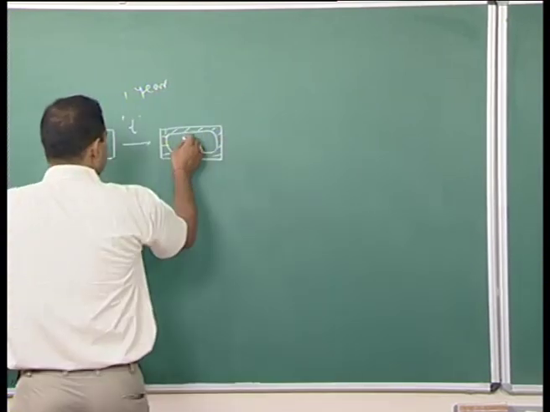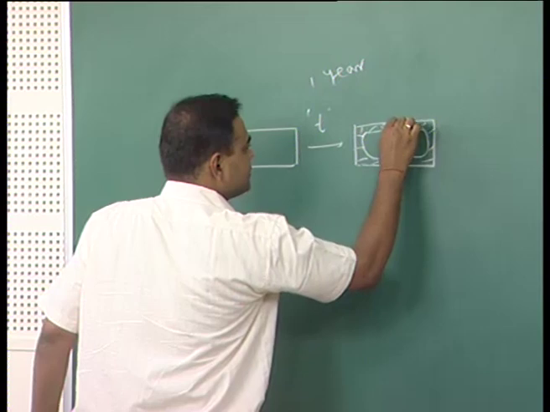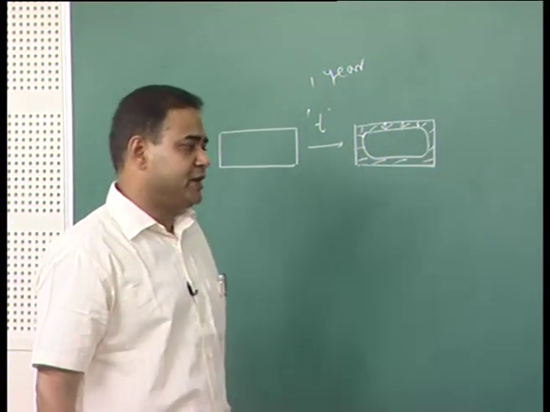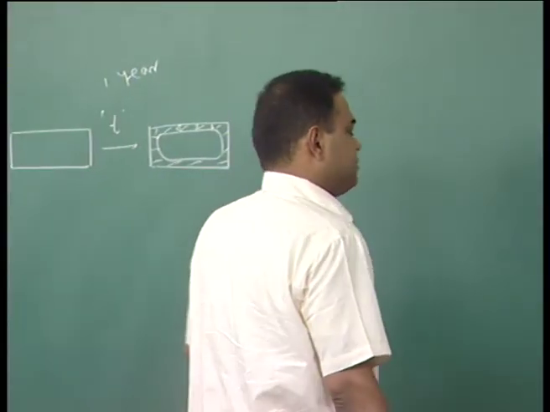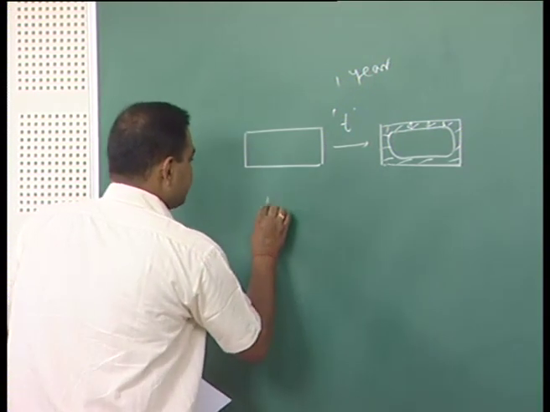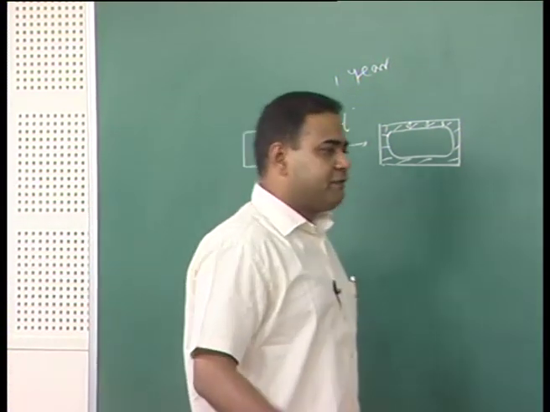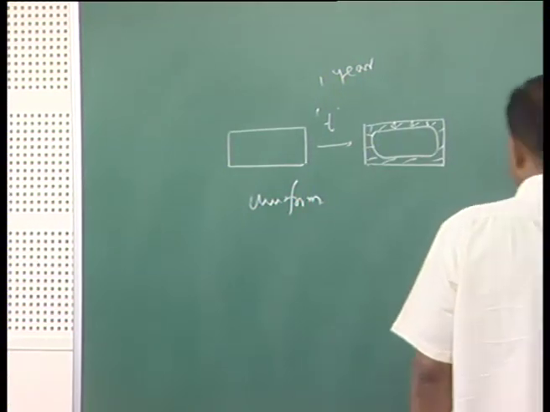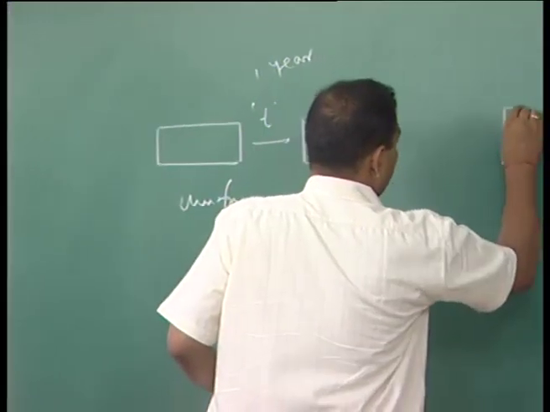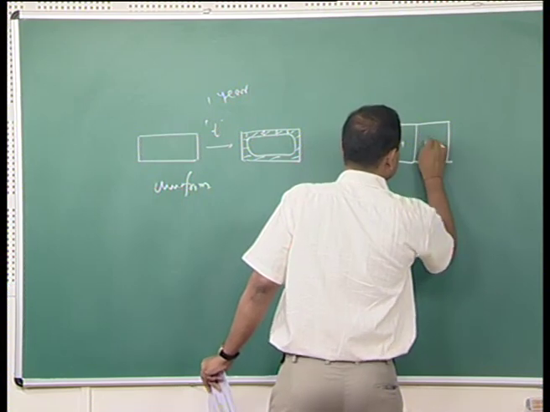In most cases, if you take a section, you will see that the loss of material is happening uniformly throughout the cross section. You can call this uniform degradation, or if it is corrosion, then uniform corrosion. Then you can also have, let us say, one material M1 and another material M2.